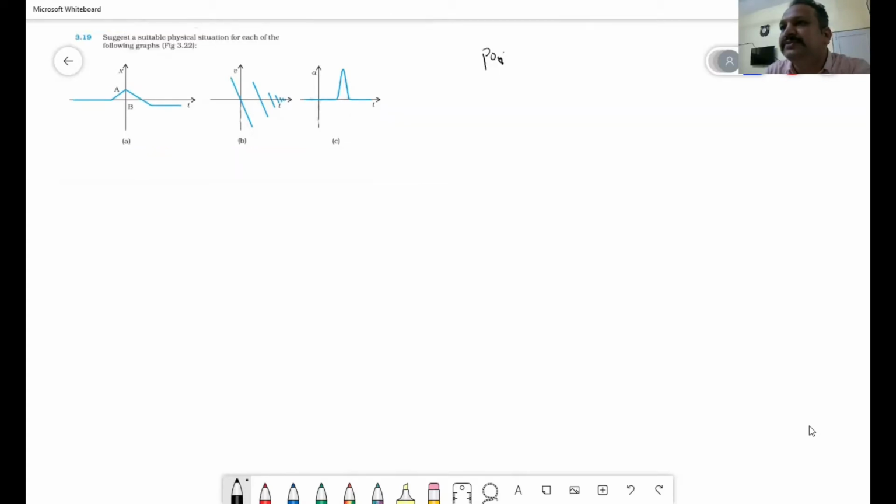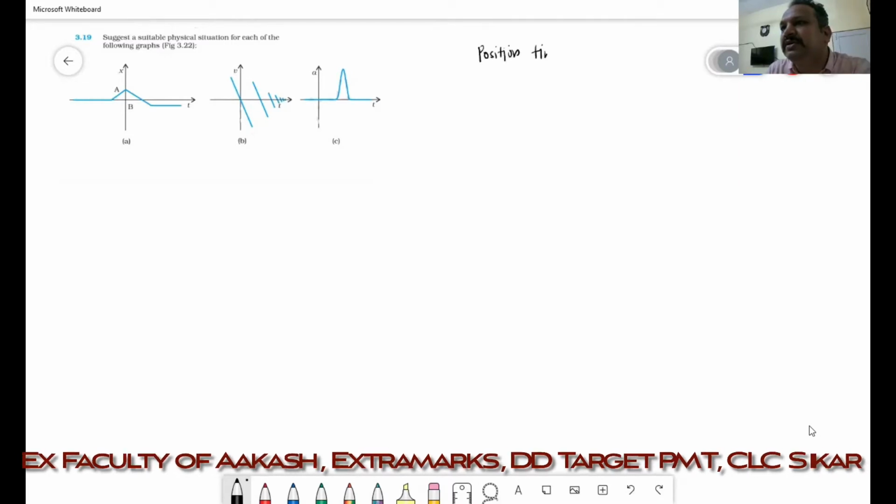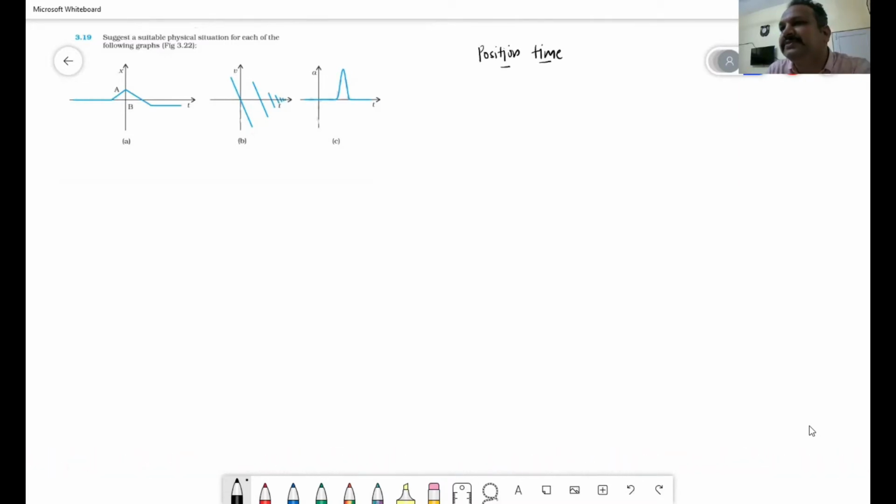So I am just writing the position. If a position time graph is given to us, what will it represent? The slope of the position time graph: position is x and time is t.